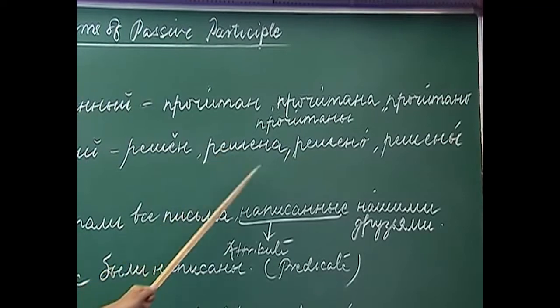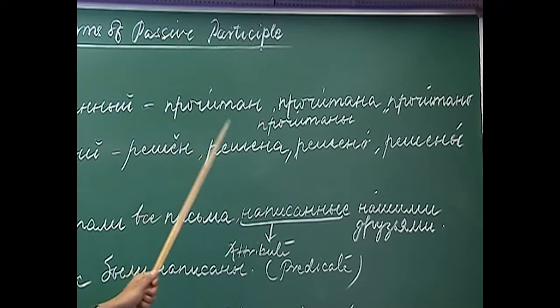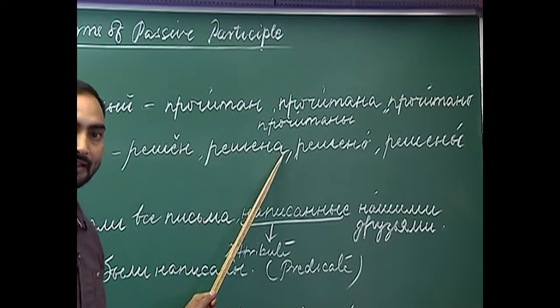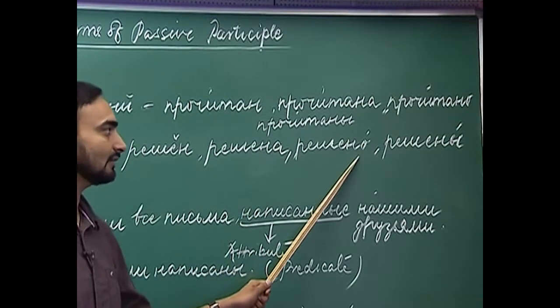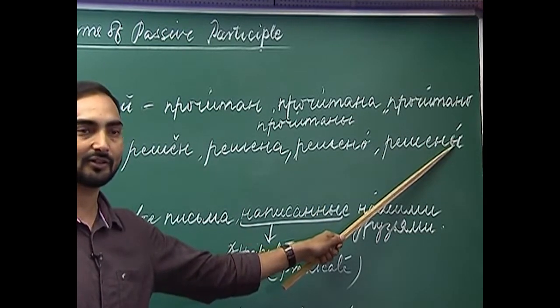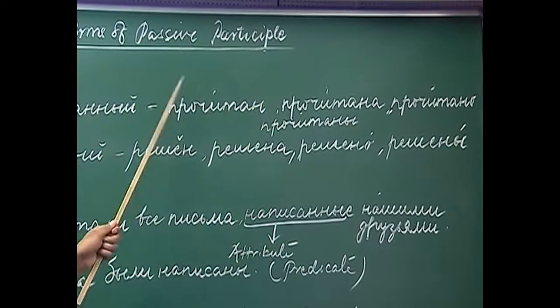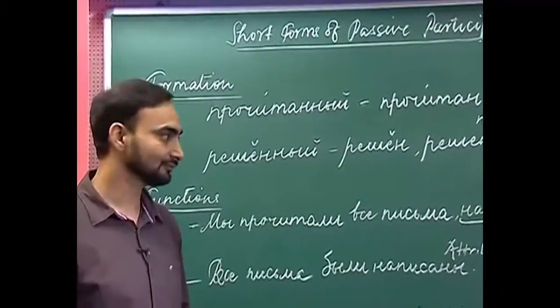So, here a is stressed, rishina, rishino, rishinni. As you can see, the stress has changed to the last syllable. So, this is about the stress pattern in the short forms of the passive participle.